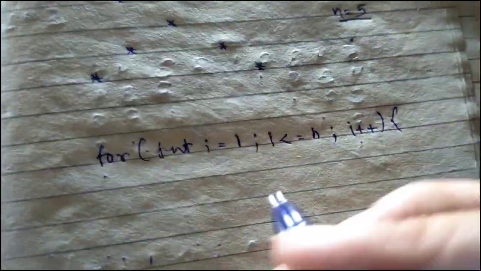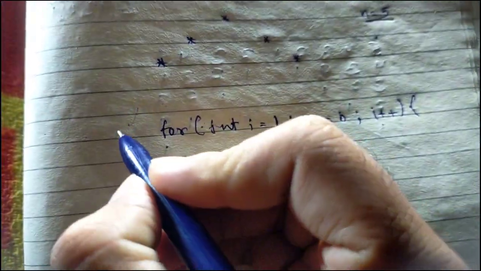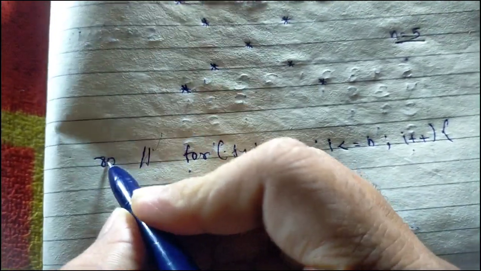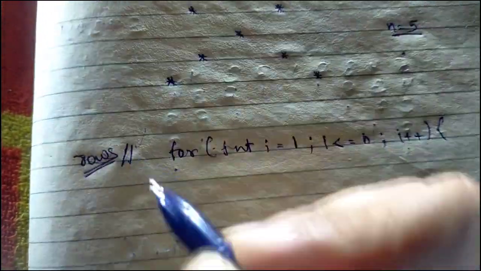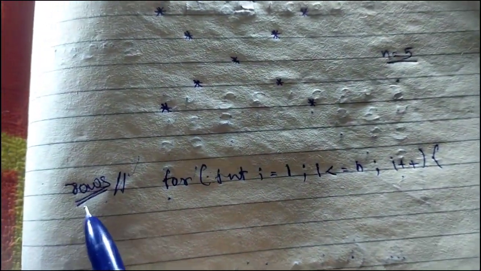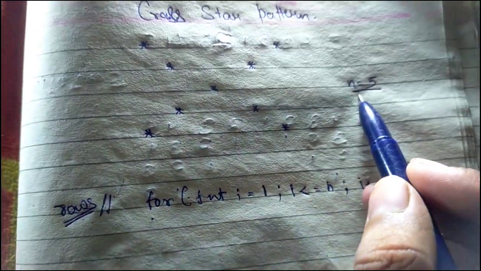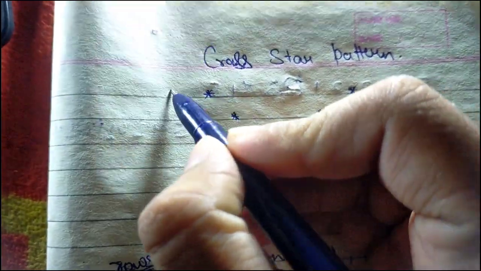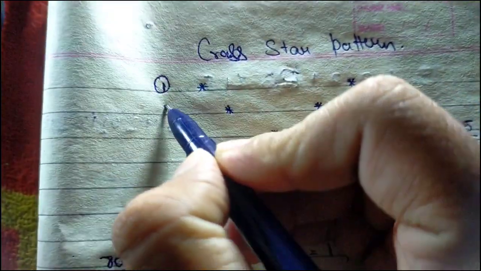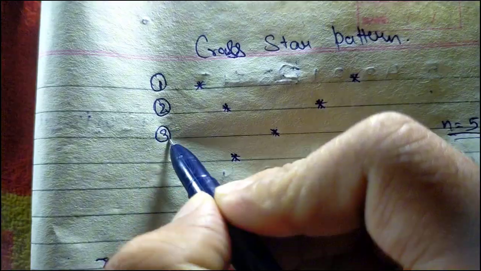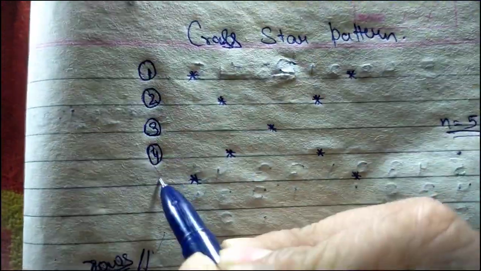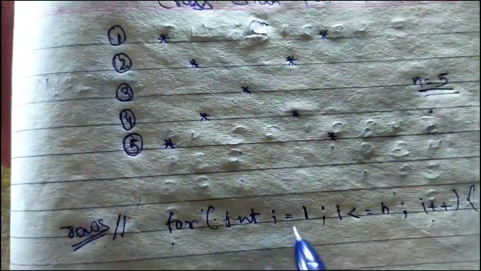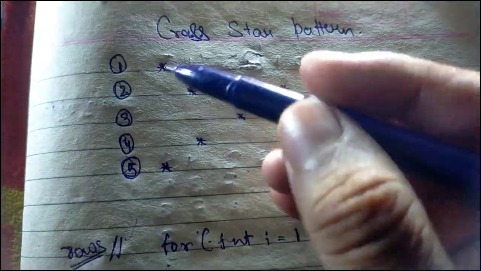So this is the outer loop for printing rows. From this outer loop I am printing rows. How many rows will it print? It will print 5 rows: row number 1, row number 2, row number 3, row number 4, and row number 5.